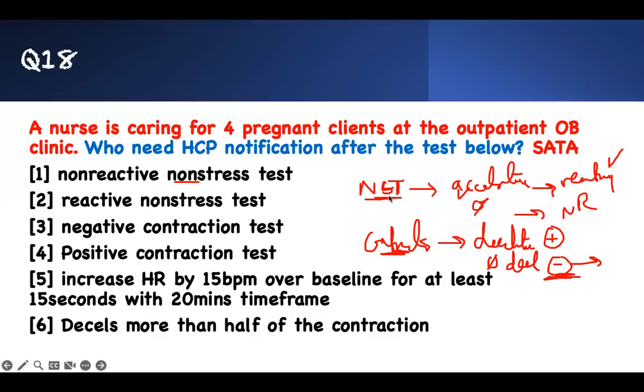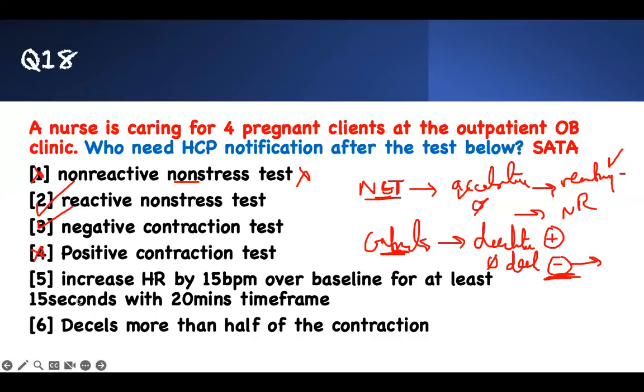For the non-stress test, I want you to react. So that's the way to do it. Non-reactive for a non-stress test is not good. I want you to react. Reactive for a non-stress test, excellent. Negative for a contraction test, excellent. Positive means there is a deceleration for the contraction test, and I don't want it.